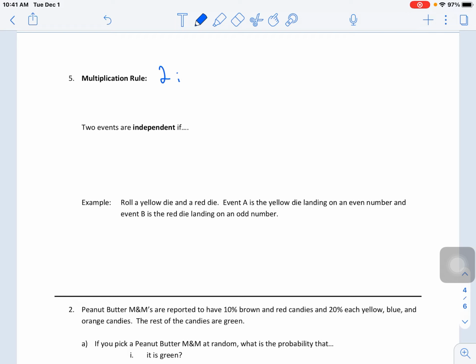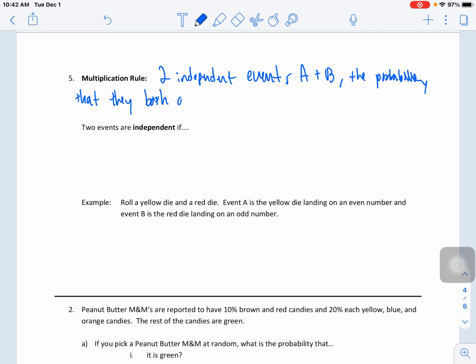So what this says is that for two independent events, A and B, the probability that they both occur is the product of their probabilities.